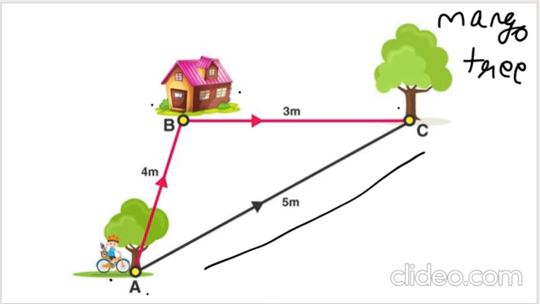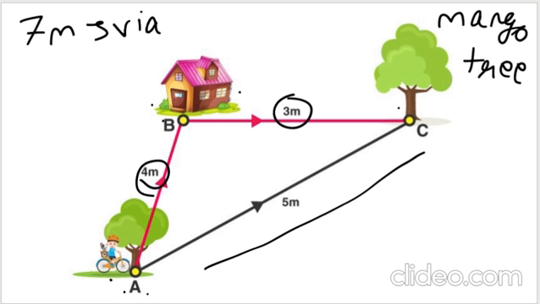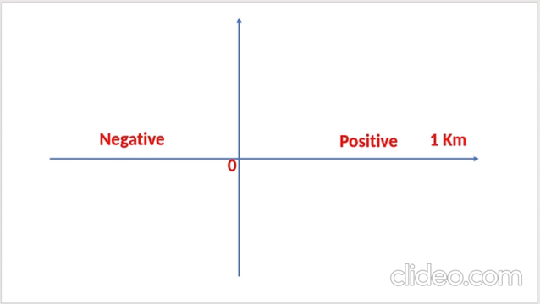When we go from point A to point B, it covers 4 meters, and from point B to C, from house to tree, it is 3 meters. In total 7 meters are covered when he goes via home. But when he goes directly from his current position to the tree, it is just 5 meters. So which one is easier, via home or direct? Obviously direct is easier.